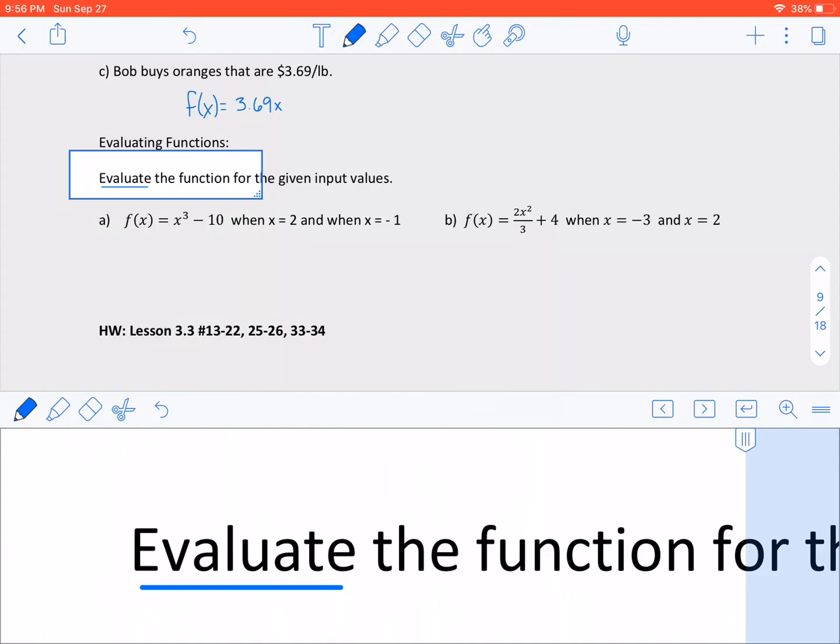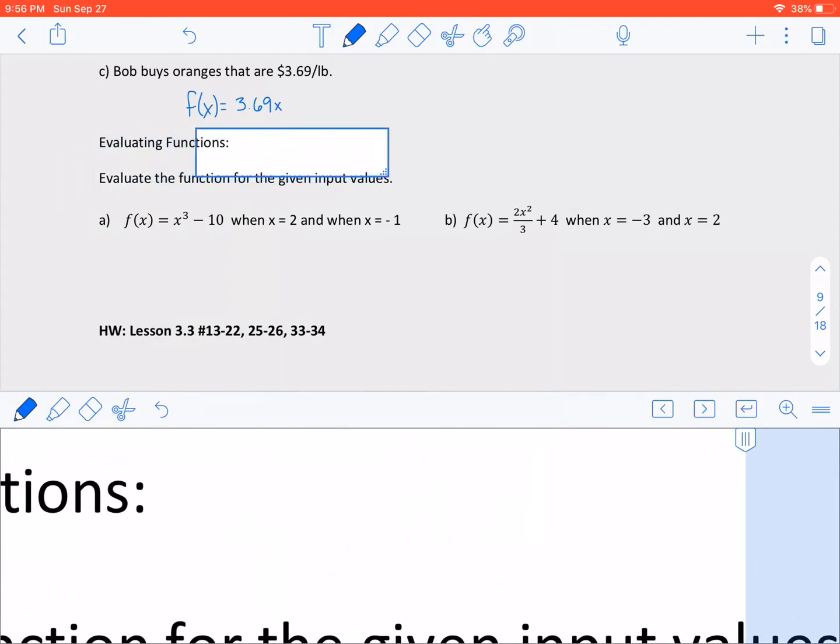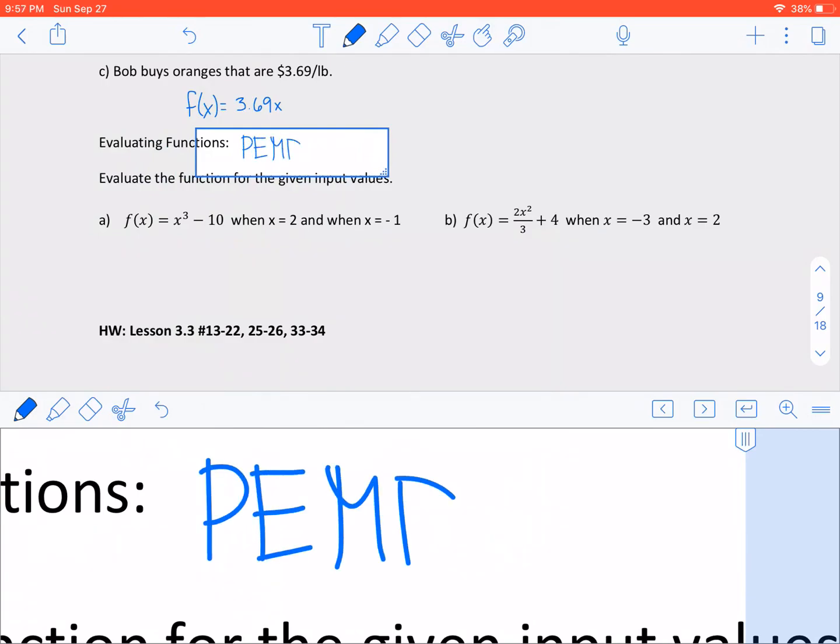That's what we've been talking about up until this point, is solving equations. Now we're going to actually evaluate, which means we're going to go in order of operations. So first we do parentheses, then exponents, then multiplication, division, addition, subtraction. Remember, order of operations is PEMDAS. Whenever we evaluate, we have to go in that order.